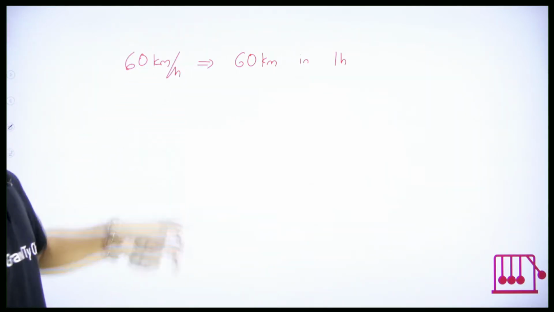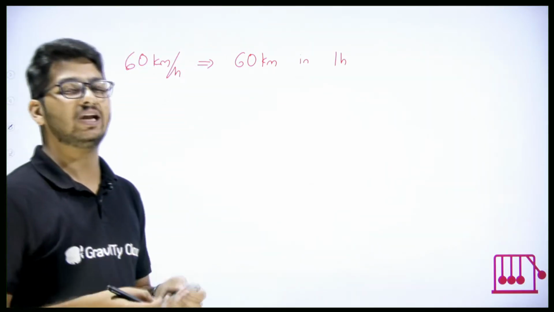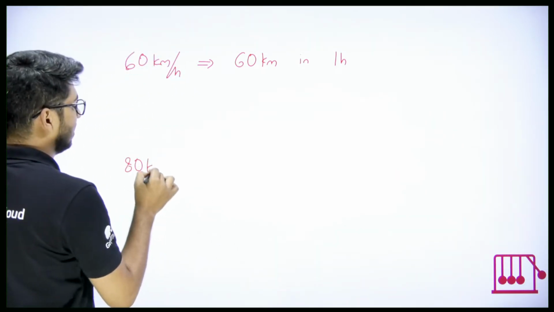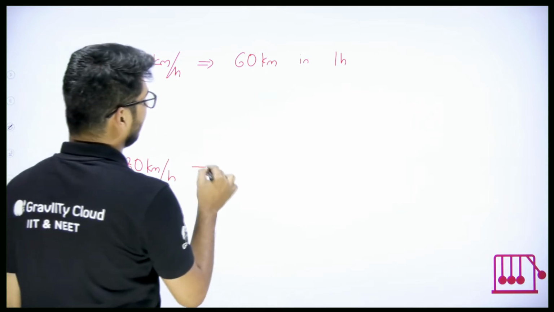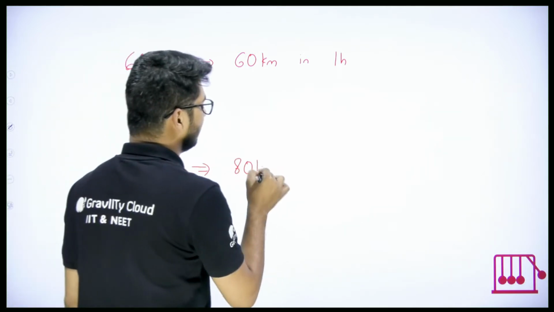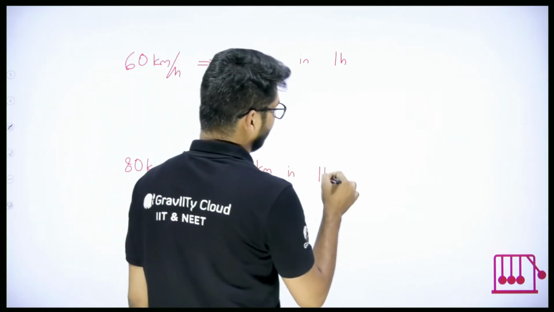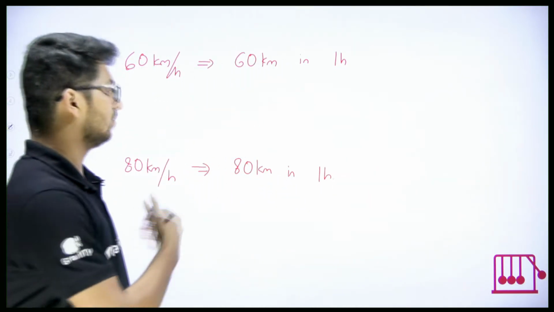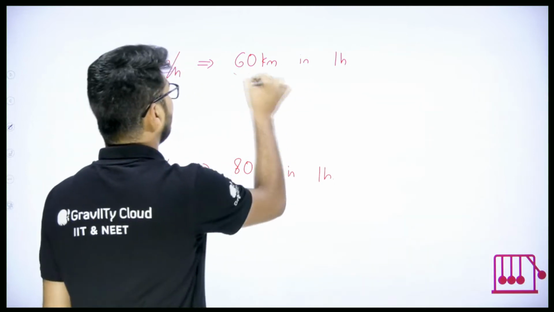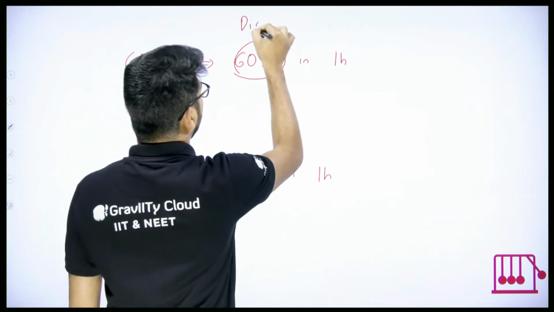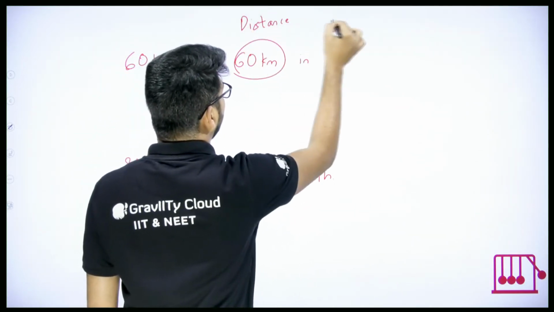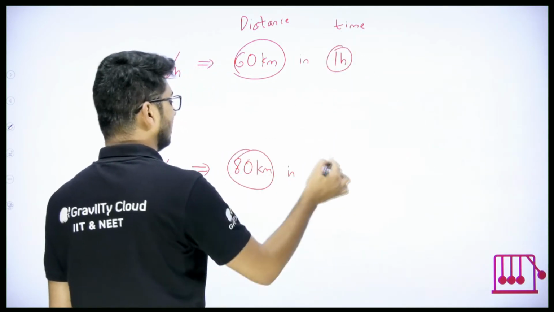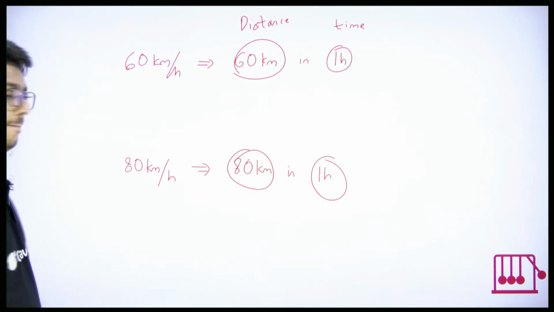If I take it as 80 kilometer per hour, it means 80 kilometer in 1 hour. So, using this, what is 60 kilometer here? Distance. What is 1 hour here? Time. Yes or no? 80 kilometer is distance, 1 hour is time.